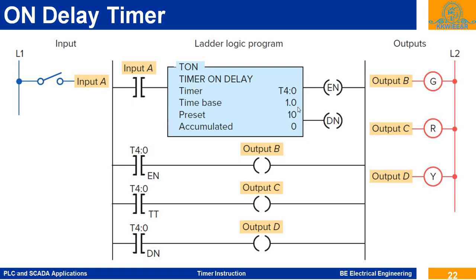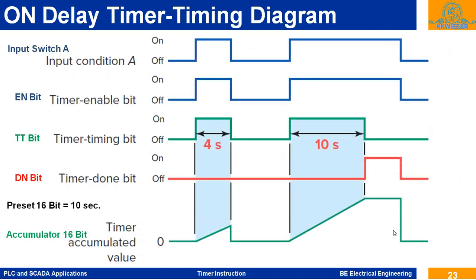Then here you have to set the time base. For the preset, you enter the preset value or the delay value, and this is the accumulator. For the enable bit, TT bit and done bit, we use green, red and yellow output lamps. Now we will see how the timing diagram works for these.